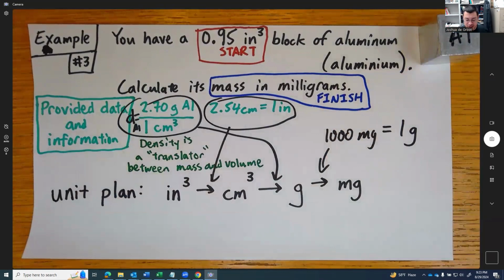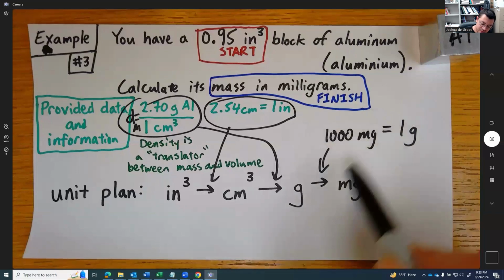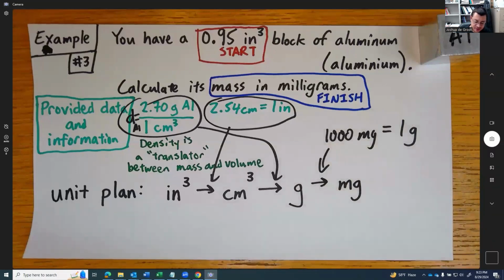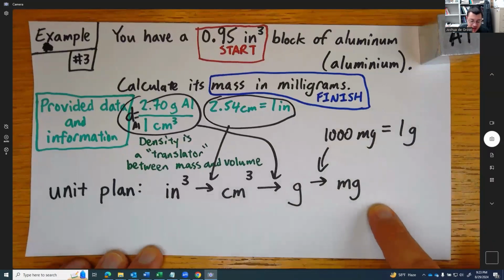It's my recommendation that you commit to memory some of these metric prefixes, especially the most common ones, even if you're not required to memorize. It's just good to know. But we would use this relationship knowing the metric system, and that gives us a path forward.